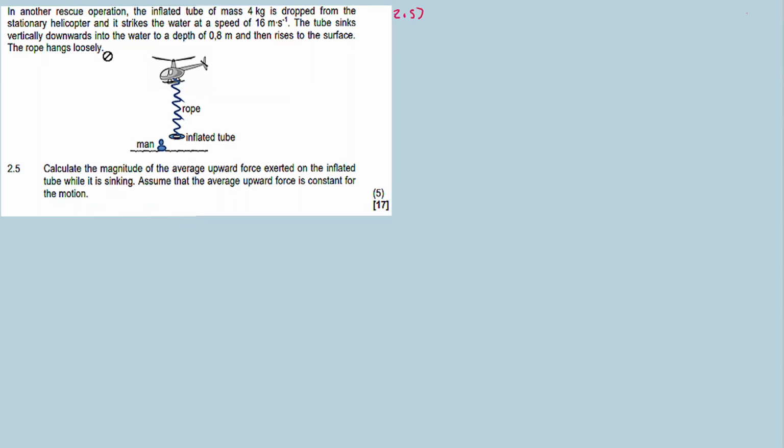The rope hangs loosely as shown in the sketch. Then they say 2.5, calculate the magnitude of the average upward force exerted on the inflated tube while it is sinking. Assume that the average upward force is constant for the motion, the upward force.